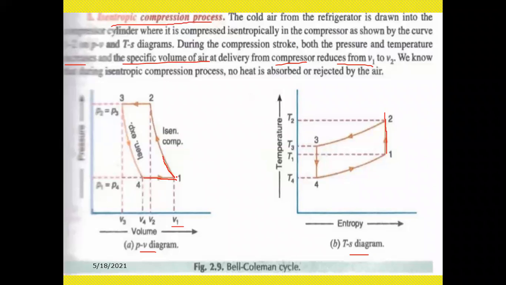From 1 to 2, the pressure is increased isentropically. The temperature from 1 to 2 increases, and the volume is decreased from V1 to V2.